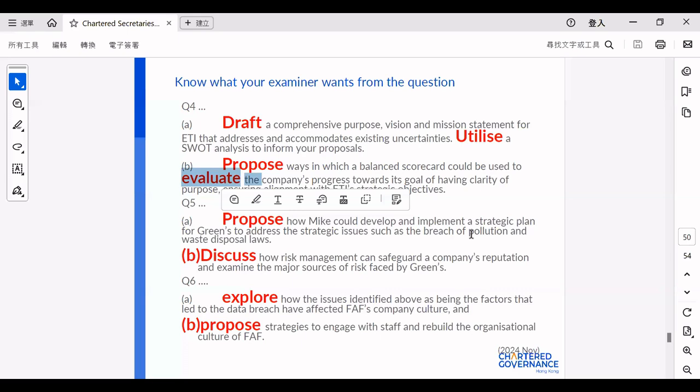So that's the relationship between the balanced scorecard and evaluation. The balanced scorecard must be practical and meaningful, so that you can see if the progress is aligned with your objective.